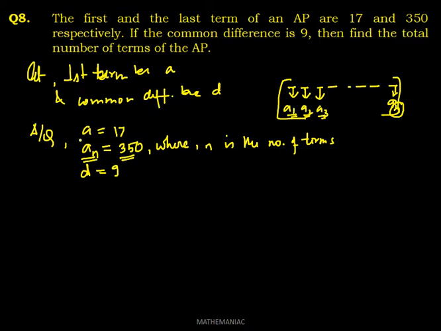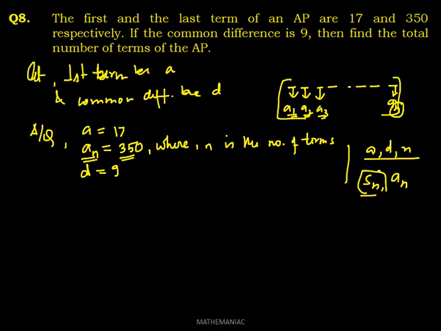Now you see, in the first video of arithmetic progression, perhaps I told you, whenever you are encountering something related to AP, you have two types of symbols. A, D and N are primary symbols, and the others are AN and SN.